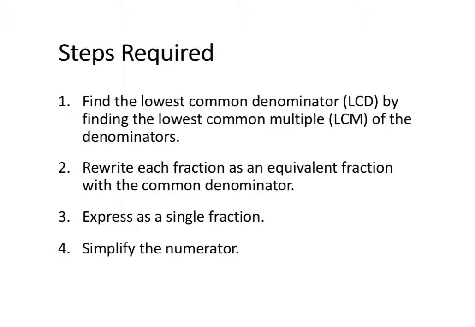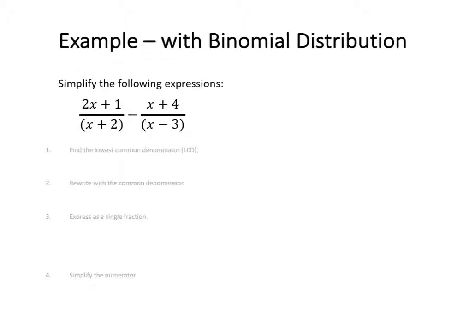So let's have a look at an example involving a binomial distribution. In this example, I want to simplify the expression 2x plus 1 over x plus 2 minus x plus 4 over x minus 3. So let's go ahead and apply the 4 steps to enable me to simplify. The first step is to find the lowest common denominator.